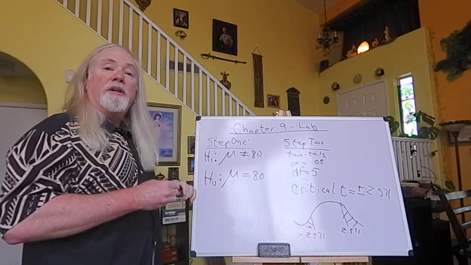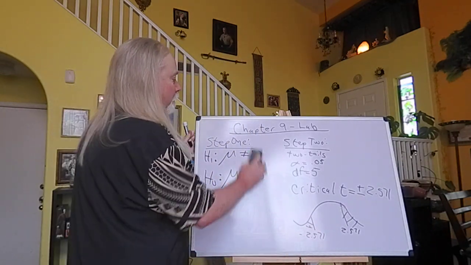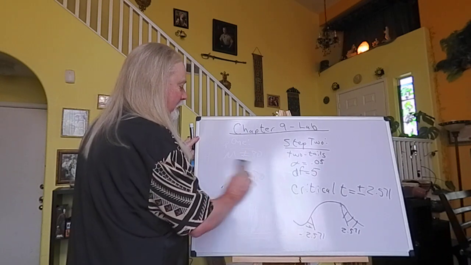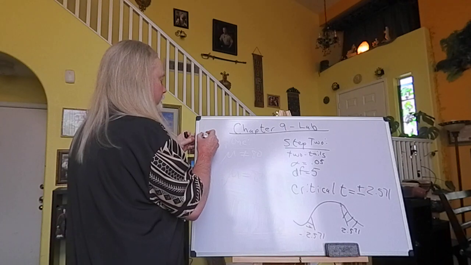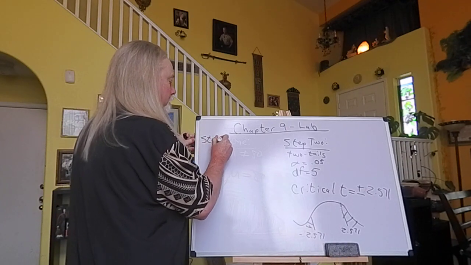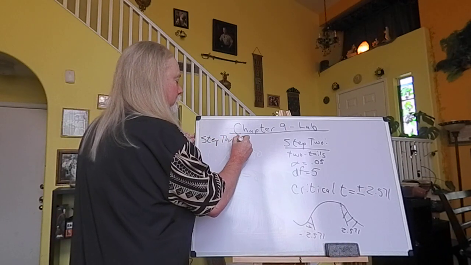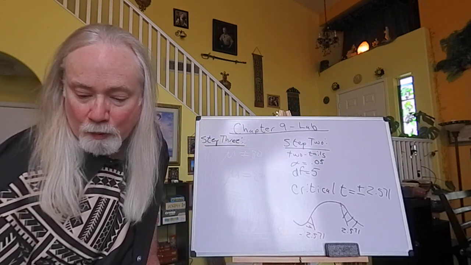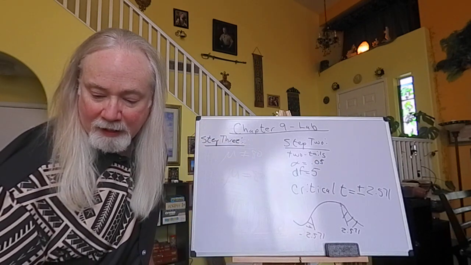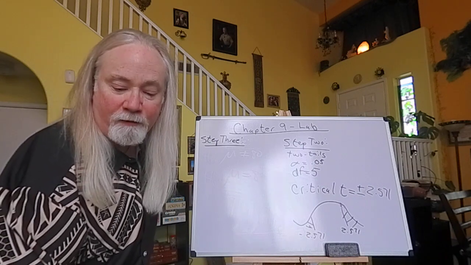All right, that's our step 2. For step 3, we do our math. And for part A, we're told that the sample variance is 54 points.